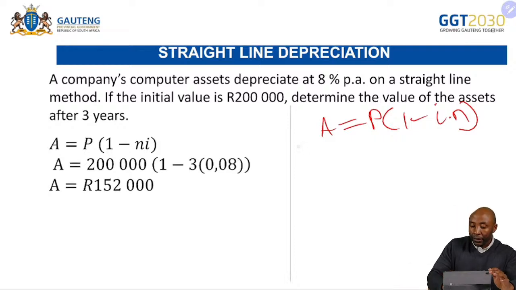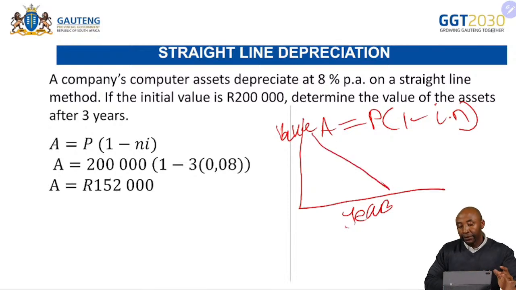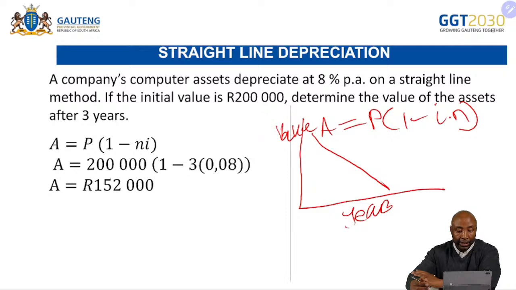Again, if we are to draw a graph of value versus the number of years, our graph will be a straight line having a negative gradient like that. So that's straight line depreciation. That will be our answer.